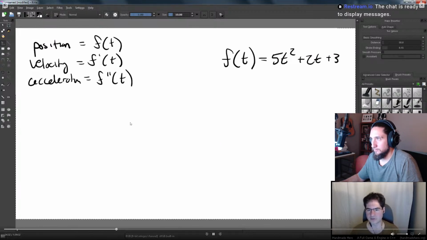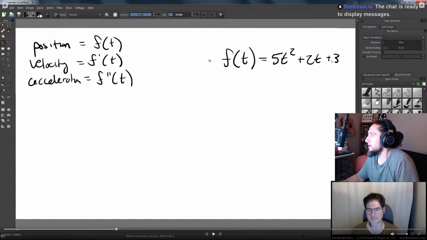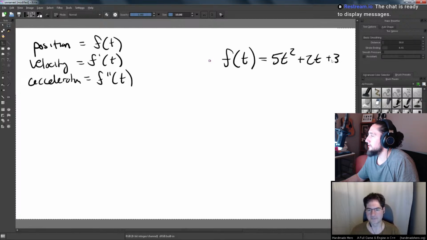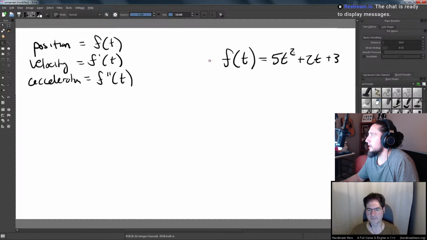This is, again, standard old calculus stuff that you might see. So we're going to drop that constant 3, because we're about to take the derivative of f of t here. We're going to take this exponent and knock it off, and then I think we're going to have 10t plus 2.